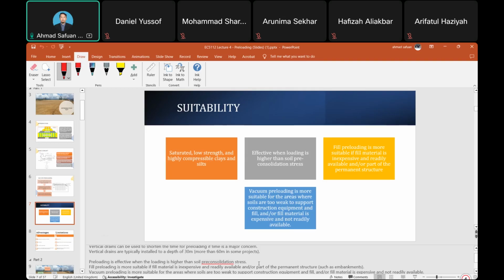So to increase the strength of the existing soil, we need to use higher loads in order to make sure that the soil becomes over consolidated.